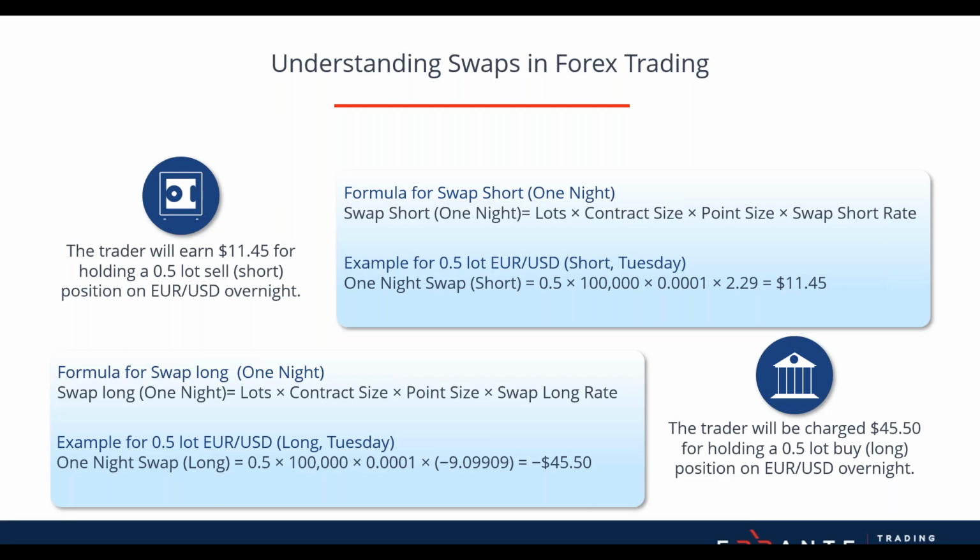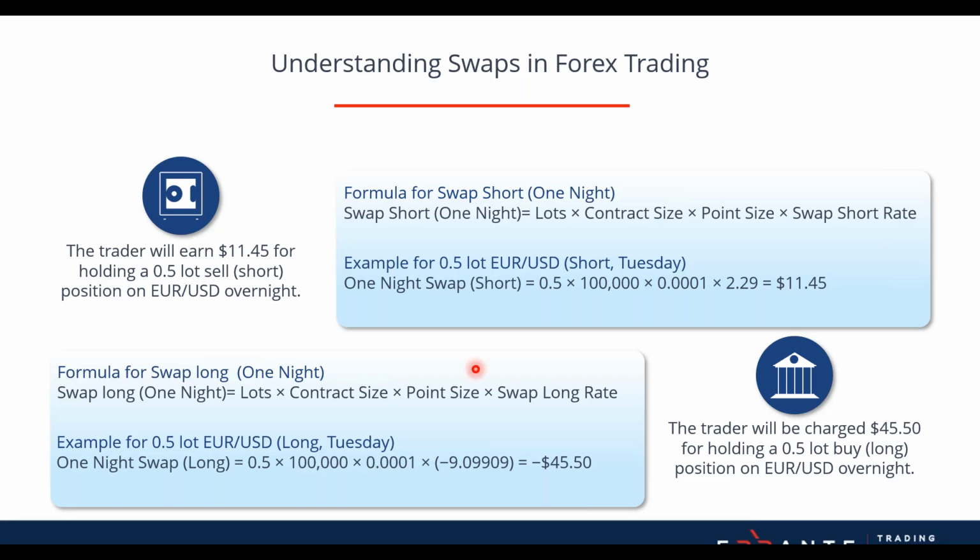The formula for swap short for one night is size of the trade in terms of lots times the contract size times the point size times the swap short rate that you can find on the website of a broker. Let's consider the real world example.